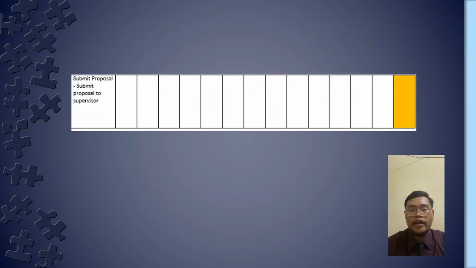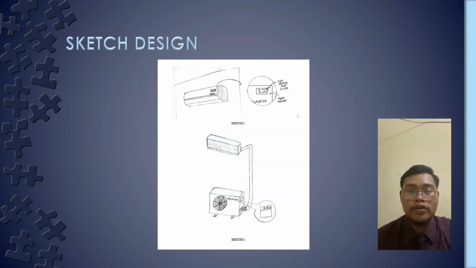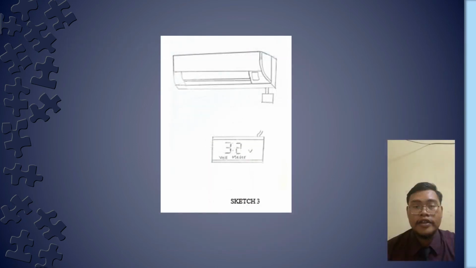And on the 22nd of November, we submitted the proposal to the supervisor. Based on the slide, we can see the sketch design, which has sketch 1, sketch 2, and sketch number 3.